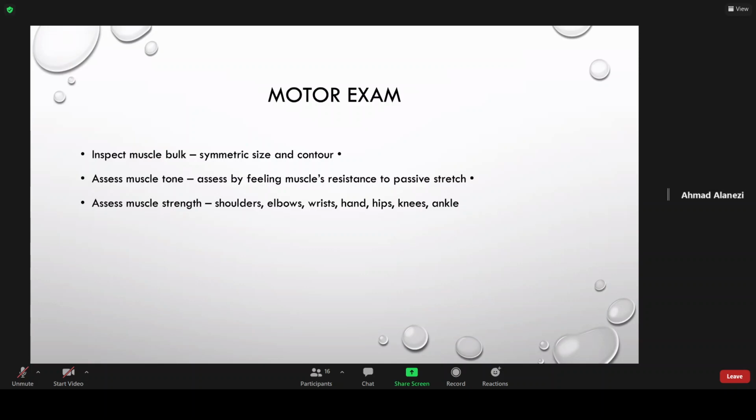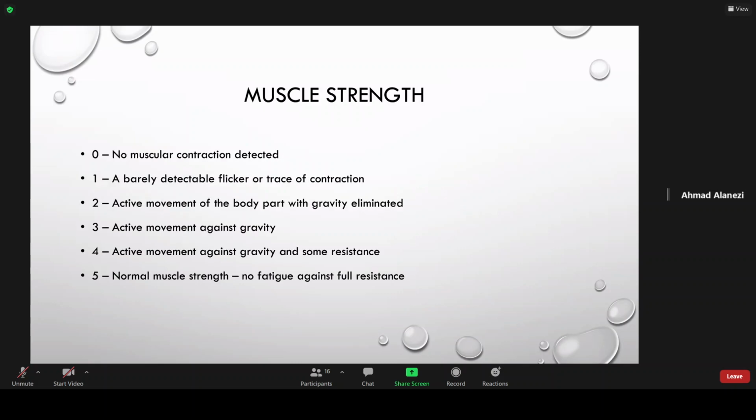So you assess all those and apply the power that you get to a grading system. 0, there's no movement. 1, there's flickering of movement. 2, there is movement with gravity.